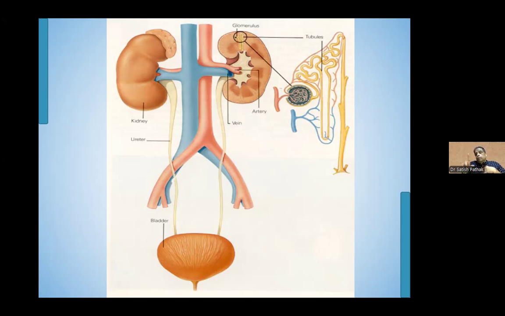But remember, not every stone can be treated with Vaman. If it is 6 millimeter or 8 millimeter, what will happen? If the stone is here and you do Vaman, a lot of water has been filtered and comes over here, and this stone is fixed over here. It is not going ahead.